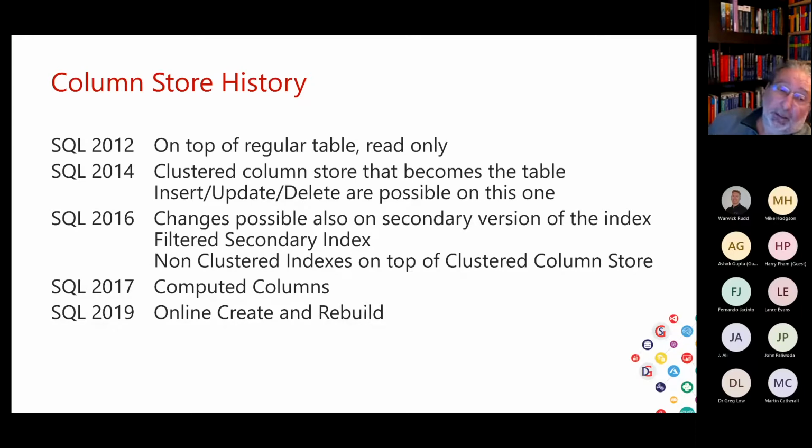But for me, before 2016, column store was not really mature enough to use anywhere in a large-scale production environment. Currently, all my clustered column stores are on SQL 2019. I don't have anything anymore on 16 or 17 or even 14 or older. So that's where I'm right now.